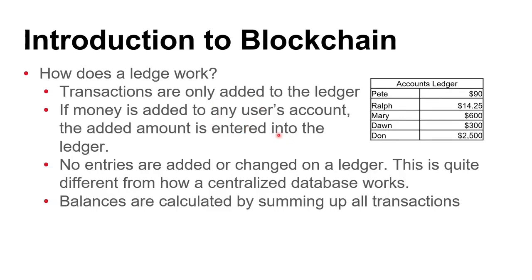At its heart, a blockchain is a digital ledger. So we can see here a very, very simple ledger. And how do ledgers work? The entries on here list what somebody owns.